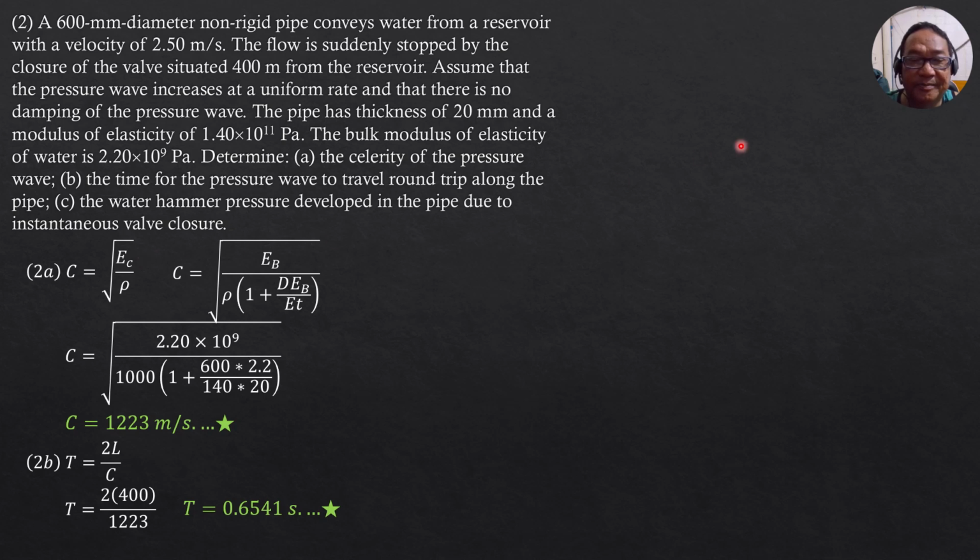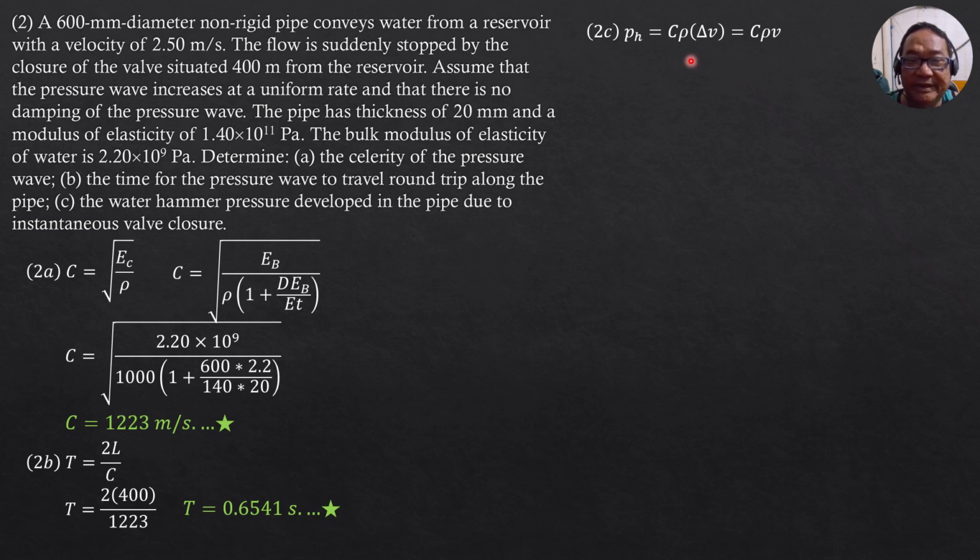That is P sub H equals celerity, density, delta V, C rho delta V. But because the pipe is closed completely, then delta V may just be replaced by V. So PH equals C rho V. So this is in pascals, but if we divide everything by 1000, that becomes kilopascals.